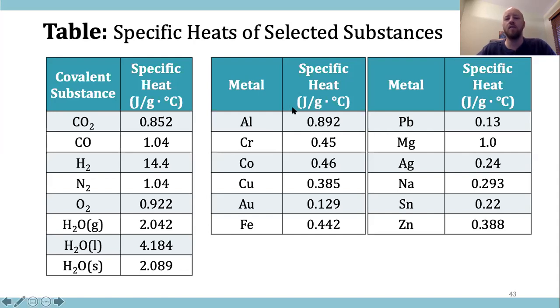But the problems may not say how much energy is applied, so you're really looking at the heat capacity as the real variable, right? So you could say, I'm going to give 100 joules to everything.